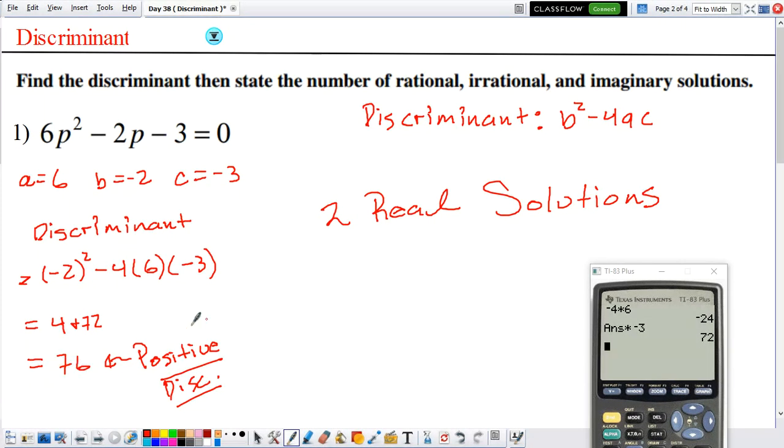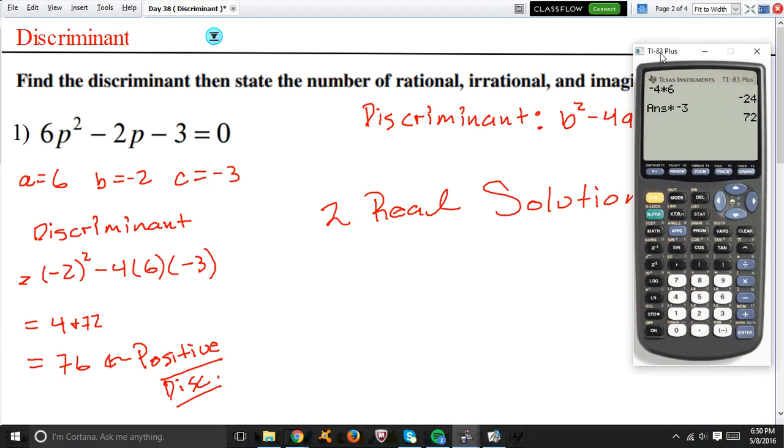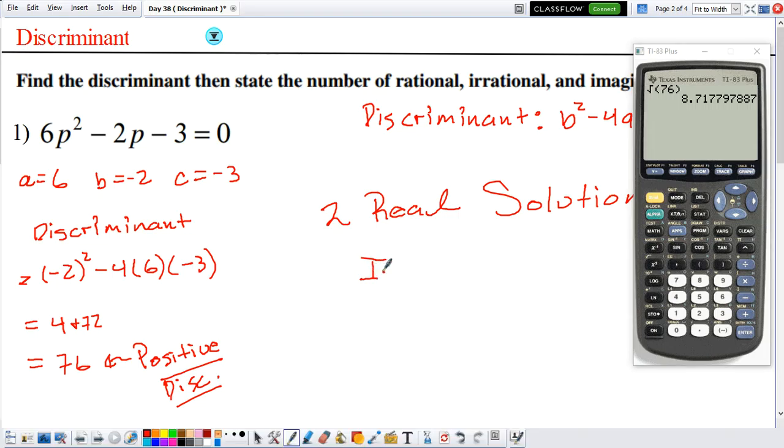Well, let's see if 76 is a perfect square. How do we know? Just take the square root of it. Square root of 76, we get a decimal as a representation. It's not a perfect square number. So that means that we're going to have irrational solutions.